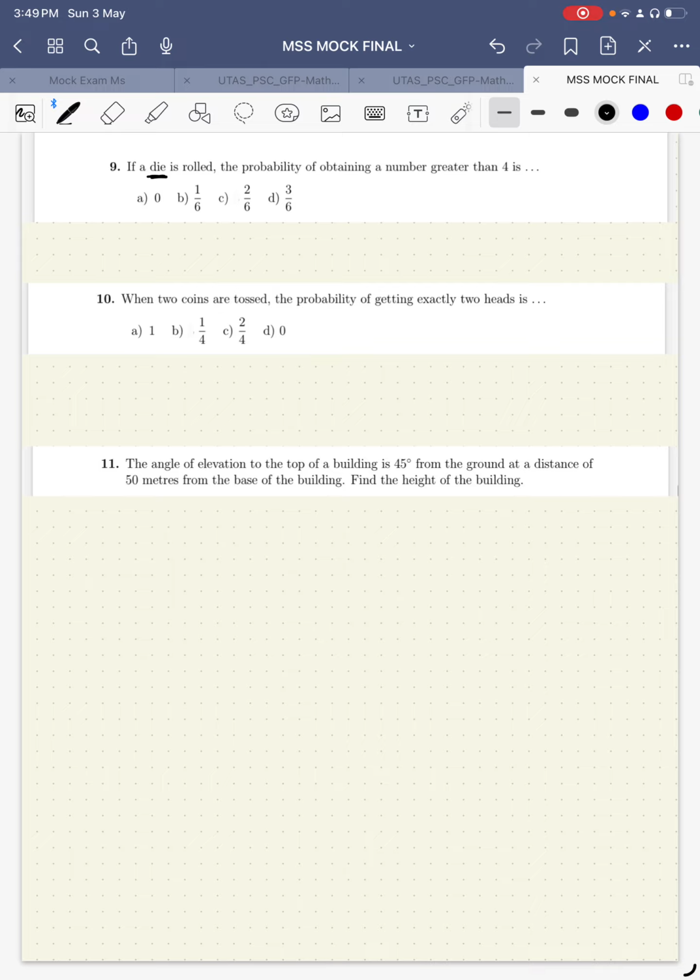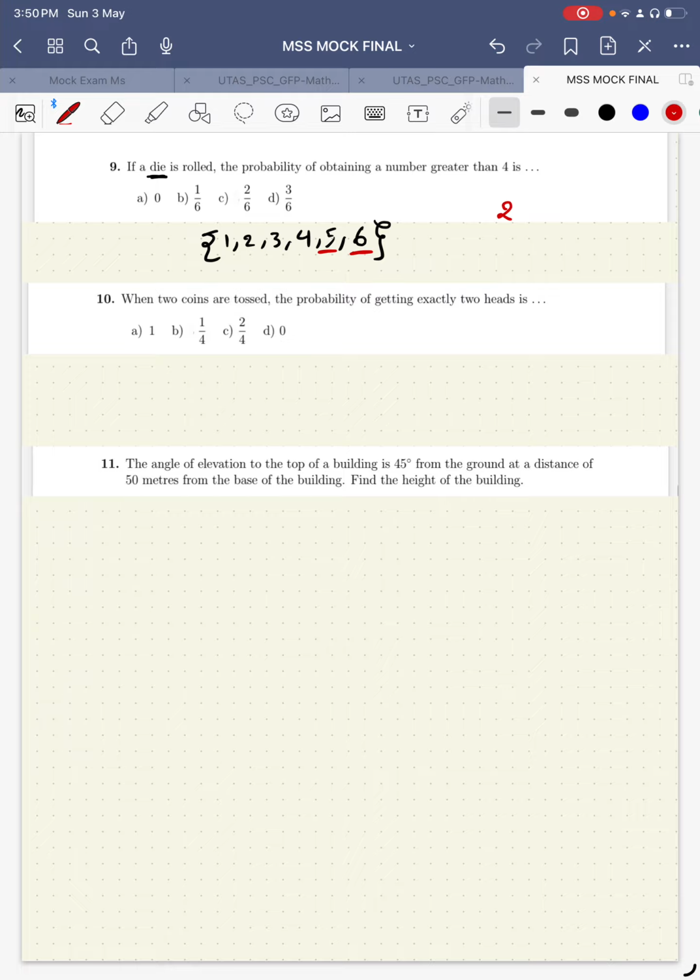In a die, how many numbers, or possible outcomes, can we have? 6, right? 1, 2, 3, 4, 5, and 6. So how many of them are greater than 4? 5 and what? And 6.